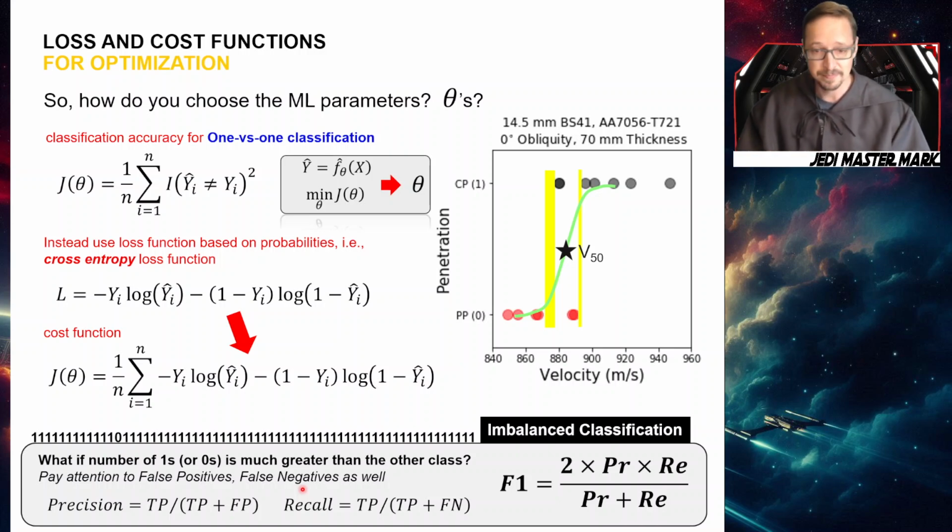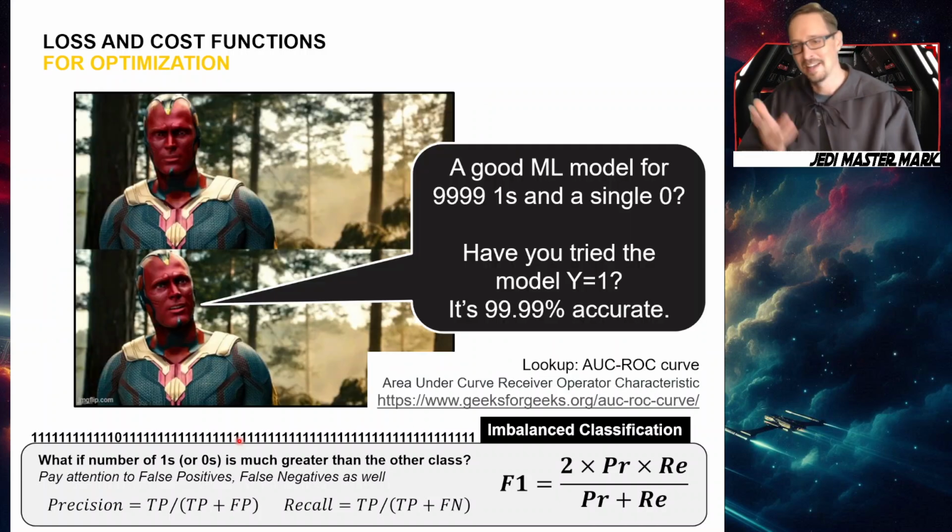towards one or another. And this is often used too when you have imbalanced classification, where you may have a lot of ones of one class and very few zeros. Your model can actually learn to favor the class that has more output responses in the training set. So here is kind of a joke, but a good machine learning model for 9,999 ones and a single zero response would be a model y equals 1.